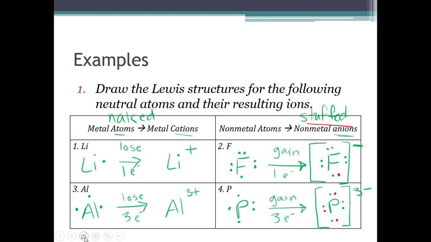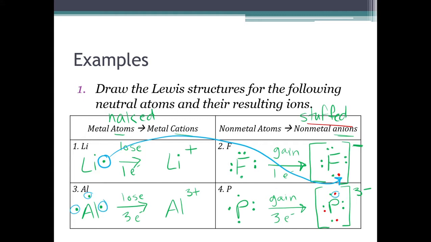What is happening is electrons are being transferred. This 1 electron that we are losing is coming over here to fill in for fluorine. This electron is being transferred from lithium to fluorine. Same thing here. Aluminum loses 1, 2, 3 electrons.